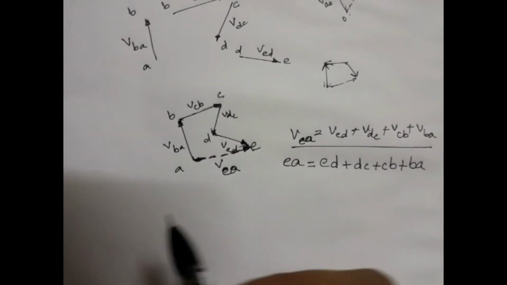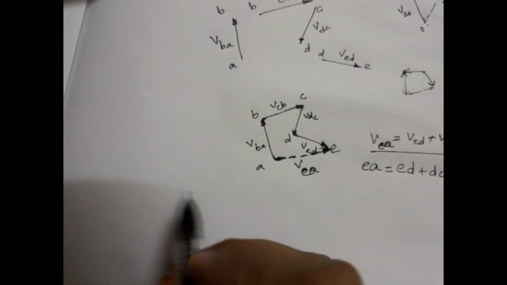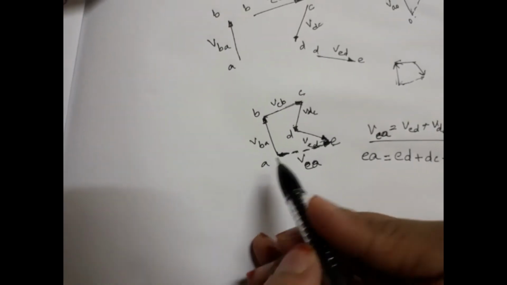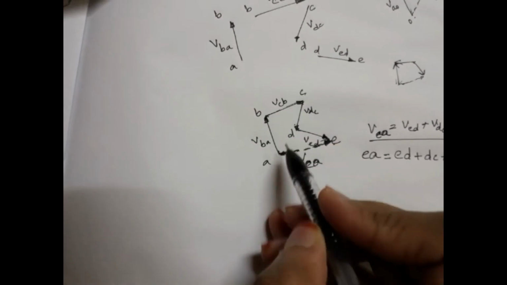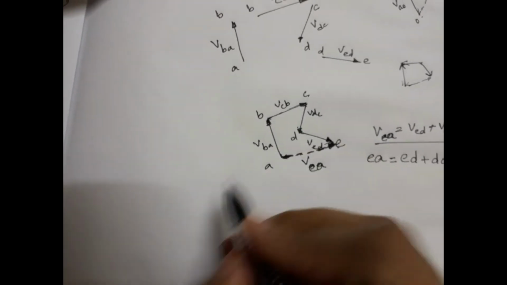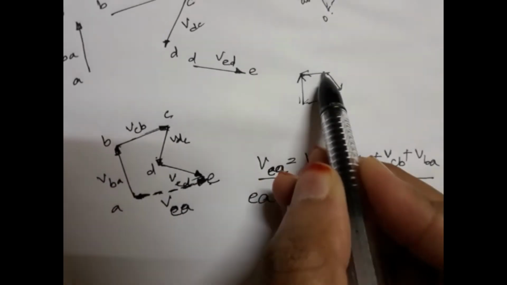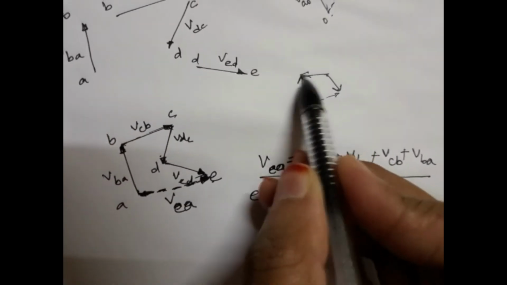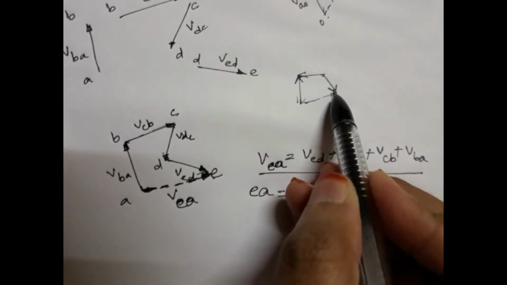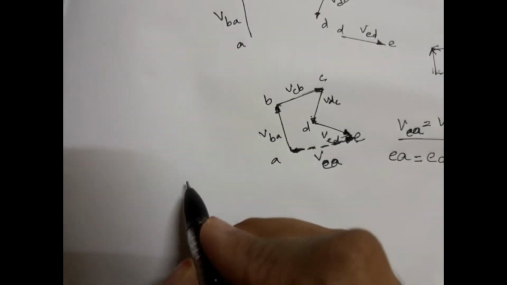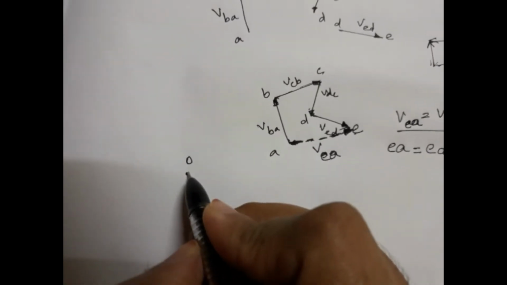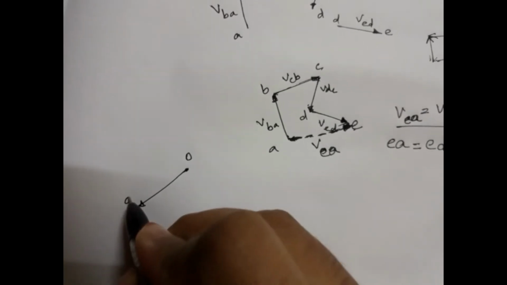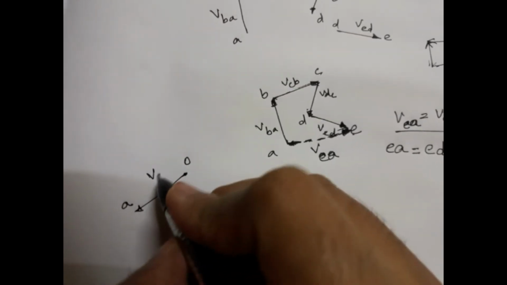Now let us see the vector subtraction. As I told, if they are in the same flow, then they get added up. Now what happens if they are in opposite directions like this? One is here, one is in the other direction. Means the tail of one is touching the tail of the other. So in such cases, say this is point O. There is a vector A like this. So let this be VAO.